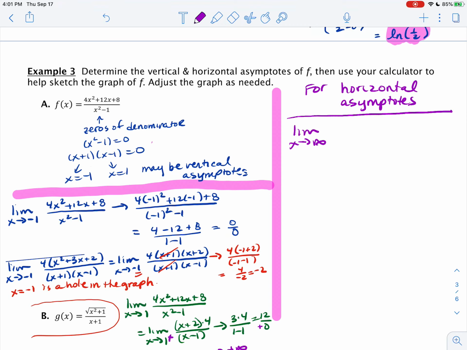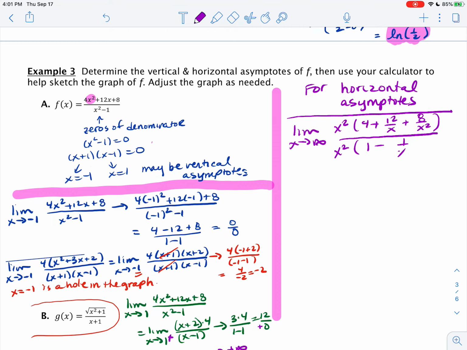So in taking the limit as x approaches infinity of 4x squared plus 12x plus 8 over x squared minus 1, we notice here that x squared is our highest power, so I'm going to factor out the highest power. So I'm going to say this is x squared times 4 plus 12 over x plus 8 over x squared.